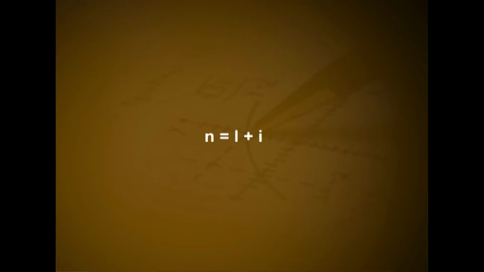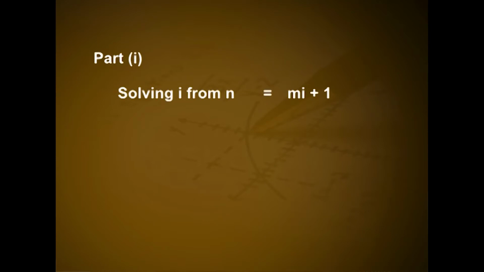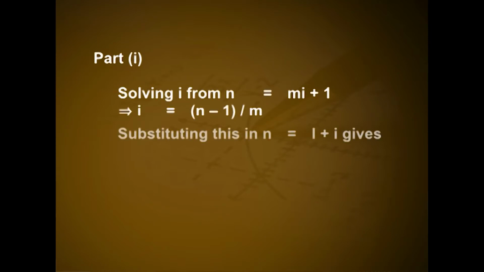Let n represent the number of vertices, i the number of internal vertices and l the number of leaves. The three parts of the theorem can be proved using the equality given in the last theorem. That is n equal to l plus i, which is true because each vertex is either a leaf or an internal vertex. Part 1. Solving for i in n equal to mi plus 1 gives i equal to n minus 1 by m.